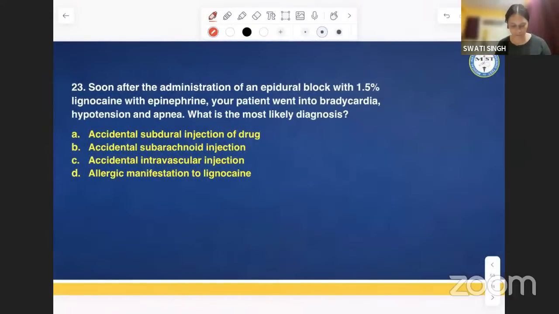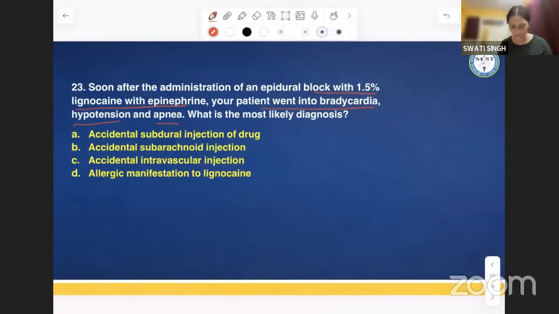Coming to the 23rd question. Soon after administration of epidural block with 1.5% lignocaine with epinephrine, the patient went into brady, hypo, and apnea. What is the most likely diagnosis? Okay. Krish has given me the answer cardiotoxicity. Okay, guys, only two things can be the answer.